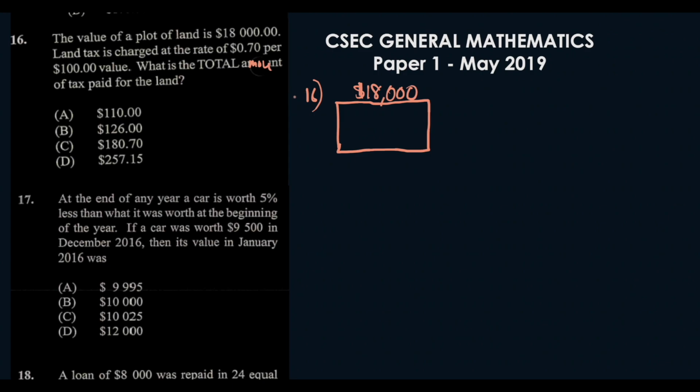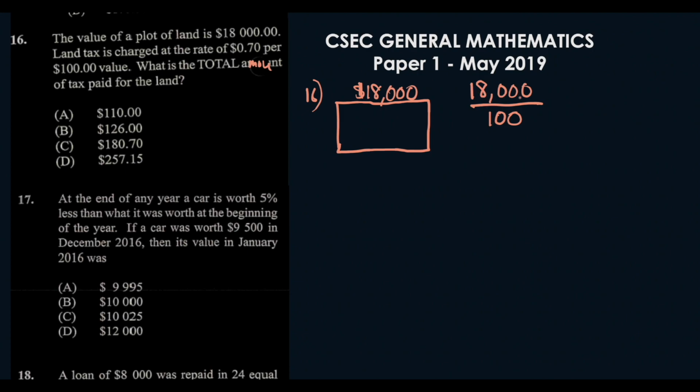You'll see why I keep calling it 70% in a while. So if I want to figure out how many $100 are in 18,000, think of it as $100 bills, how many $100 bills we could get, and how many times we would have to take 70 cents from that, right?